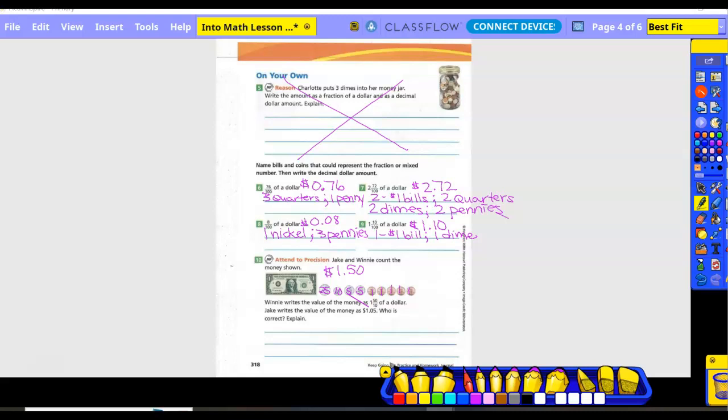Because that 0 still represents a place, right? So it should have been out of hundredths, not out of tenths in a fraction. And then why is Jake incorrect? He put 500, right? But it's actually 50 hundredths. So it needed to be written like we had it up here on the top, correct? Okay. All right.